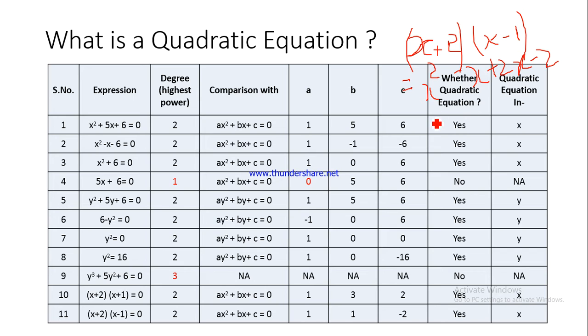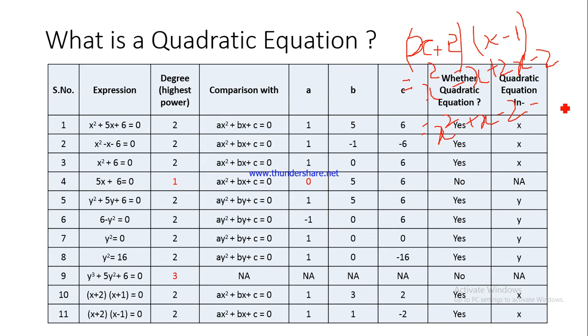And when you solve this, x square, and then x into minus 1 is minus x, then plus 2x and minus 2, it will be equal to x square plus x minus 2, right?